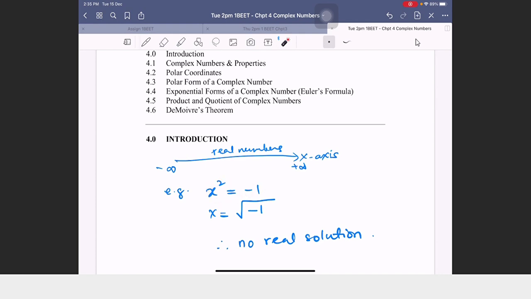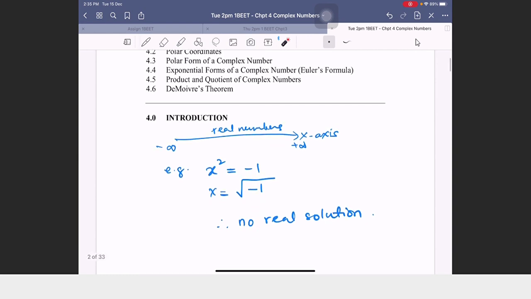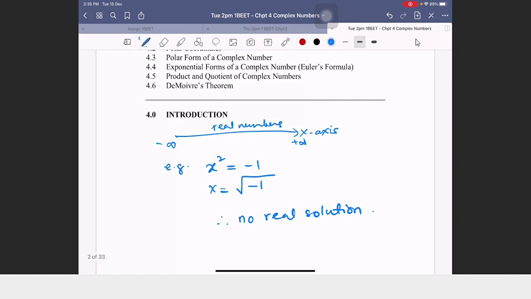After this, when you encounter any such equation with the square root of a negative number, there is now a solution. Of course it is not a real solution, but a complex solution, because it becomes what we later call a complex number.